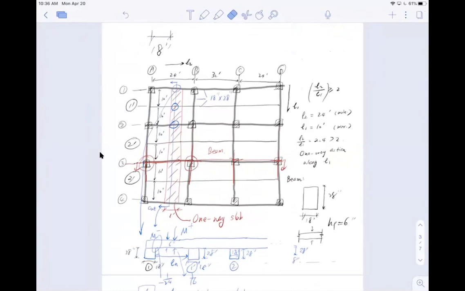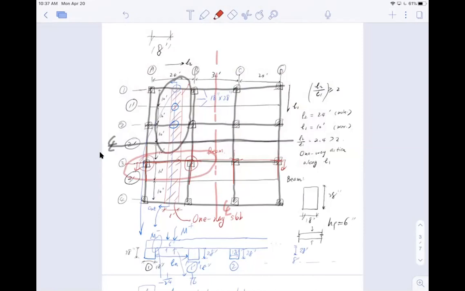If I look at the slab right here, the symmetry is right here, so I only need to consider this half. Now for the beam, I'm drawing here in red, the symmetry line is right here, so I'm only going to consider this part.